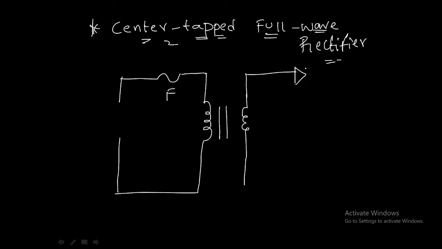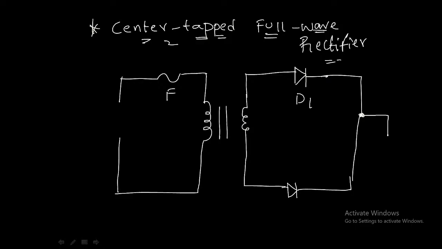And this is diode 1, and this is my diode 2. And from here my load resistance RL is attached, which is connected to ground. This is diode 1, this is diode 2, and this is a center tapped transformer.